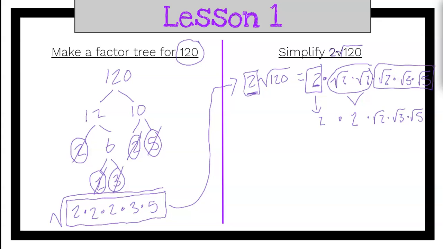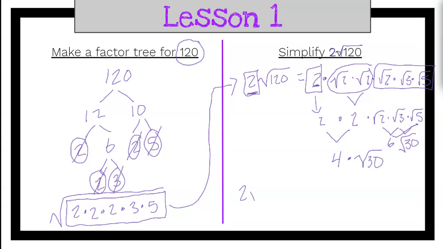We can now simplify by multiplying the things outside the radical. So 2 times 2 is 4 times, and then we can multiply everything inside the radicals. So we can do 2 times 3, which is 6, and then 6 times 5, which is 30. But that's going to have to stay under a radical because all the numbers were underneath a radical. So times the square root of 30.